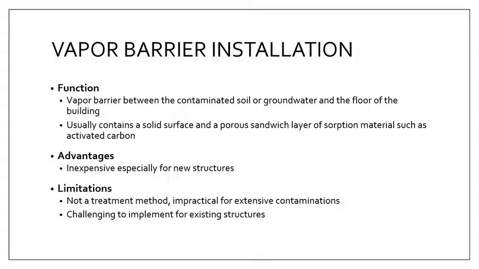The limitation is, of course, it's not a treatment method, and the contaminants can still migrate somewhere, and it's not practical when you are dealing with extensive contamination. And it's also challenging to implement for an existing structure.